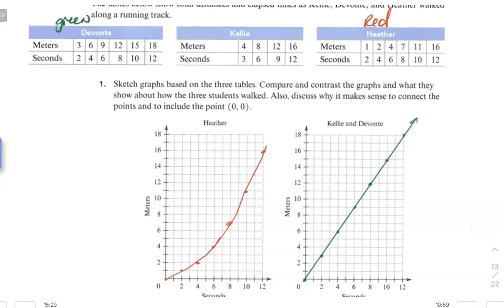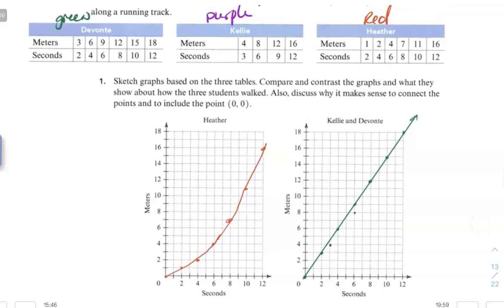Okay, and let's try Kelly. And Kelly will be in purple. So Kelly is 4 meters in 3 seconds, 8 meters in 6 seconds, 12 meters in 9 seconds, and 16 meters in 12 seconds.